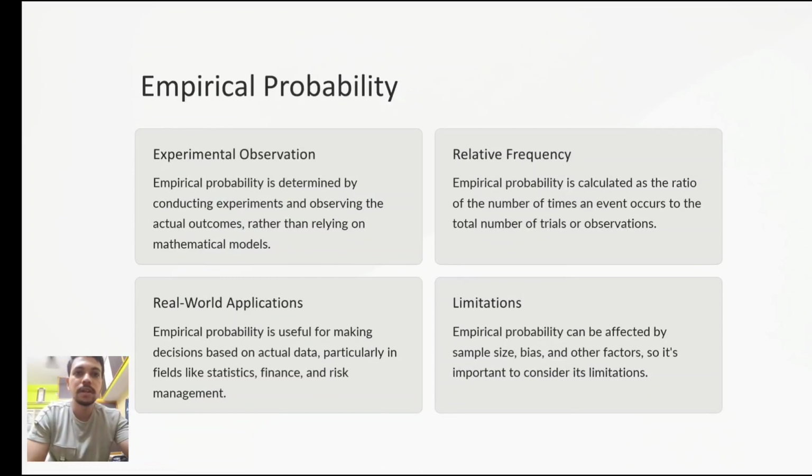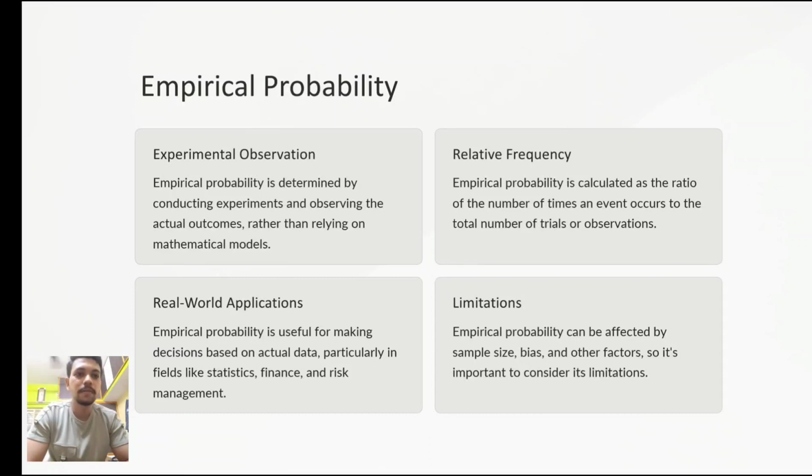Next one is empirical probability, experimental observation. It is determined by conducting experiments and observing the actual outcomes rather than relying on mathematical models.